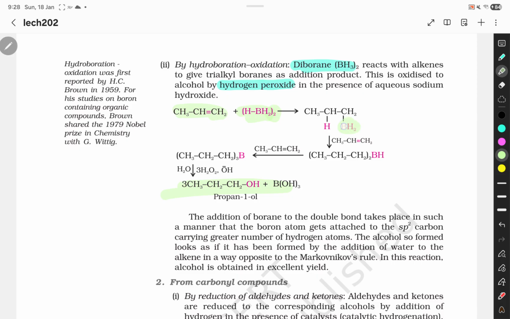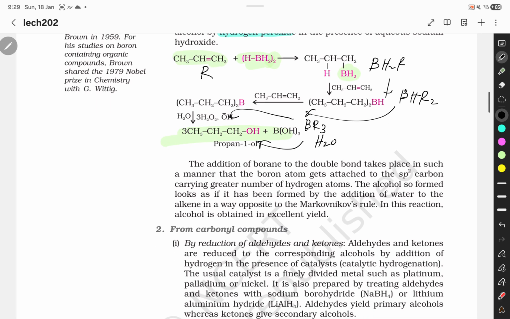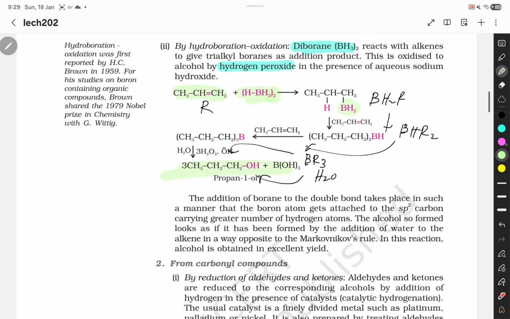So first it forms one BH2R with one of the R's. Let's say this is called R, and then this forms BH2R. Then again you do it, it forms BHR2. Then again it forms BR3, and then BR3 in presence of water will give our propanol, which is ROH basically, right?